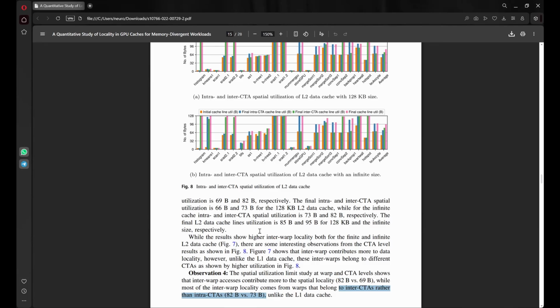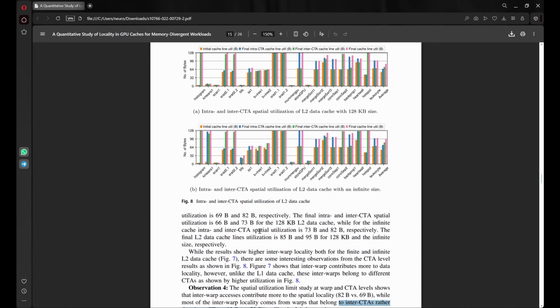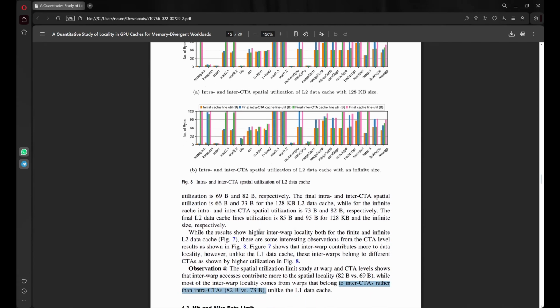That, coupled with the fact that the interwarps have greater spatial locality, shows that it's pretty much the opposite. Because in L1 cache, we saw that the intra and interwarp spatial utilization was pretty much the same, but we saw a much greater amount of intra CTA spatial utilization, showing that most of the interwarp utilization seen in L1 cache came from other warps in the same CTA.